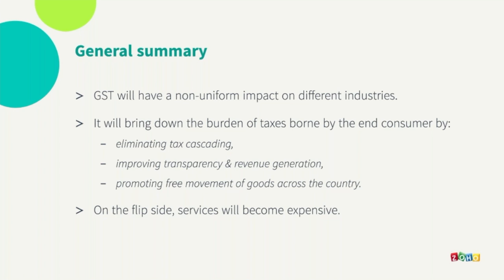The same applies to blacklisted vendors. This system will also promote free movement of goods and services across the country. Trucks carrying goods from one state to another are going to move a lot faster because of fewer interruptions under the GST system.